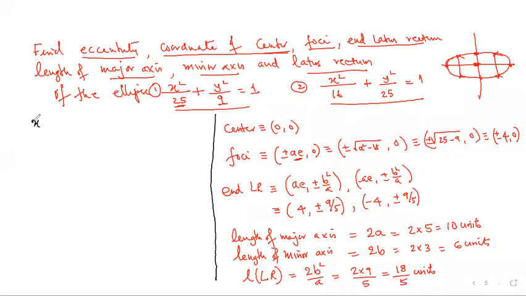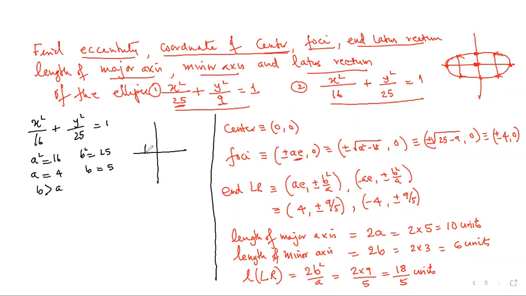So now we are taking x square upon 16, y square upon 25 equal to 1. Here A square is 16, B square is 25. So A is 4 and B is 5. So here B is greater than A. So the diagram of the ellipse this time will be like this.